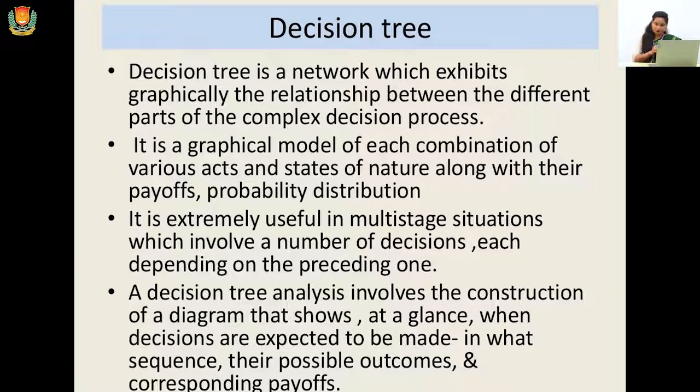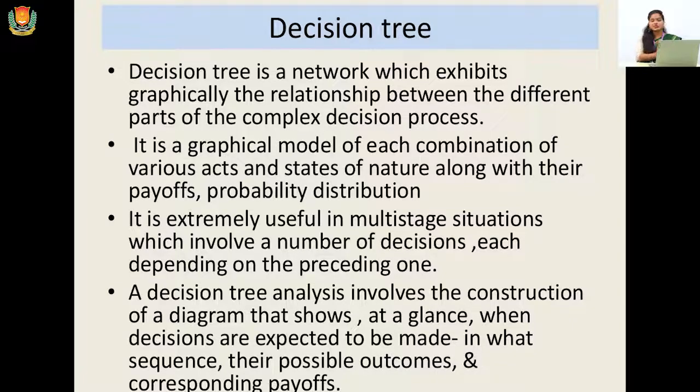Basically, the extremely used strategy in the decision field is the decision tree, because it is very simple and easy to compute the payoff table, and accordingly you will get the benefits as early as possible.